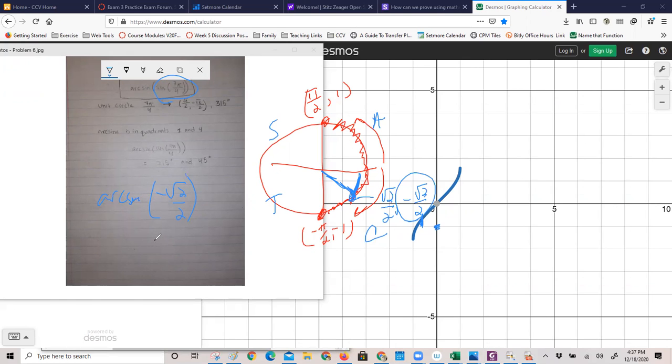So the correct answer to this inverse trig function, I better change this to different ink so you guys can see this, is that the arc sine of negative square root of 2 over 2 is actually going to be negative pi over 4, because that's where it's got to come out. That reference angle is pi over 4. So that's what we're going to get for an arc sine.